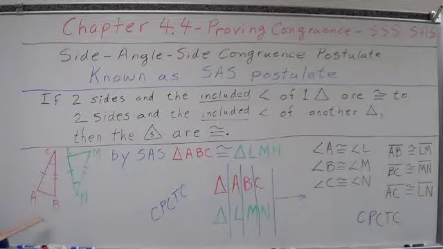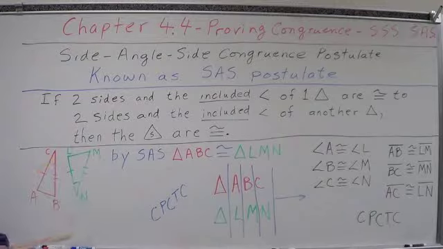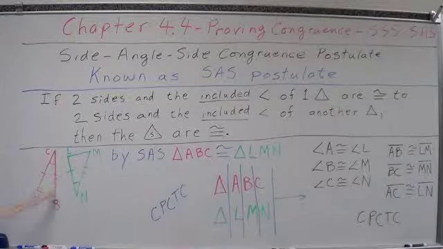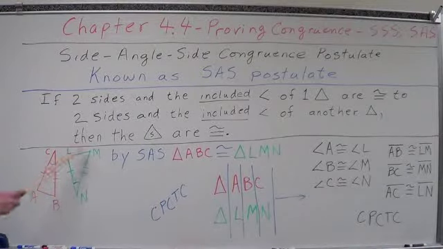We've also marked that side BC is congruent to side MN, and that angle C is congruent to angle N. Now notice where angle C is. It's between the two segments. It's the included angle. Notice where angle N is located. It's the angle between the two segments that are mentioned.